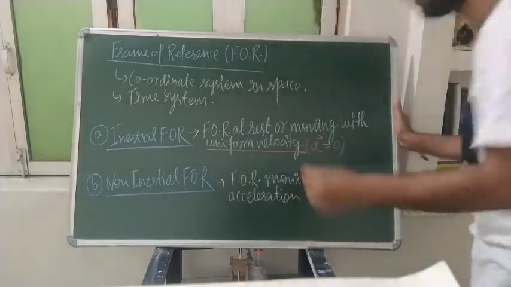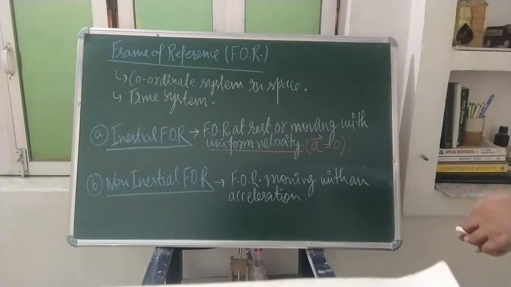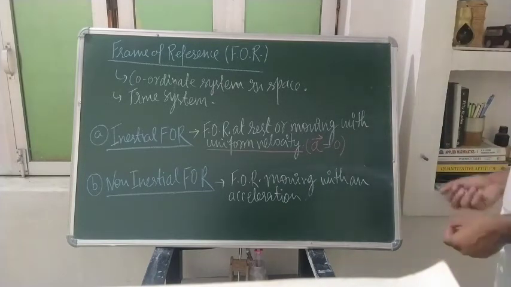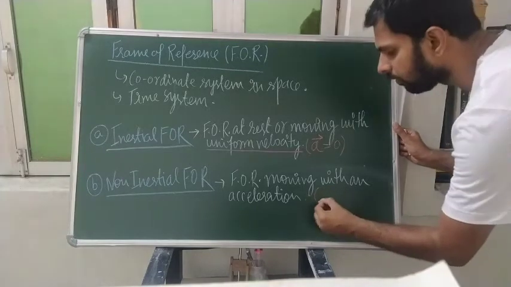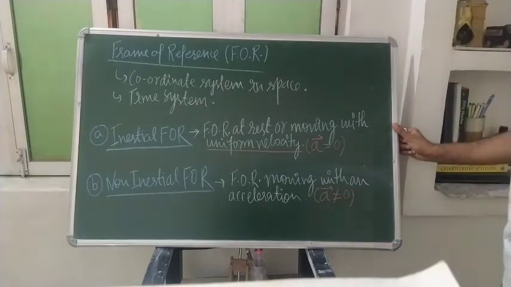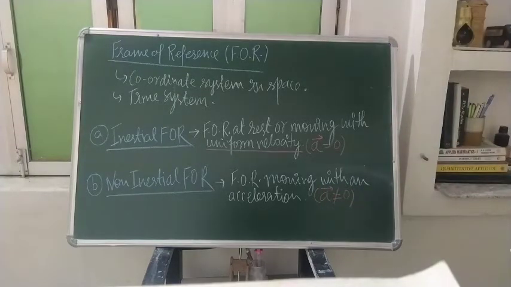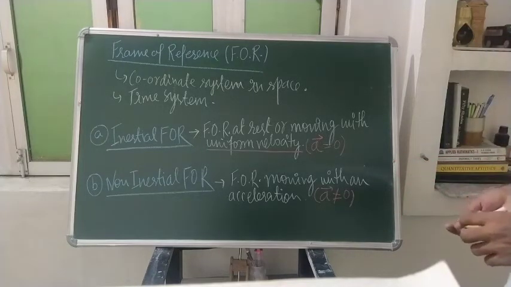So if a frame of reference moves with an acceleration, it will be called our non-inertial frame of reference, and here you can see that acceleration is not equal to 0 in the case of a non-inertial frame of reference.